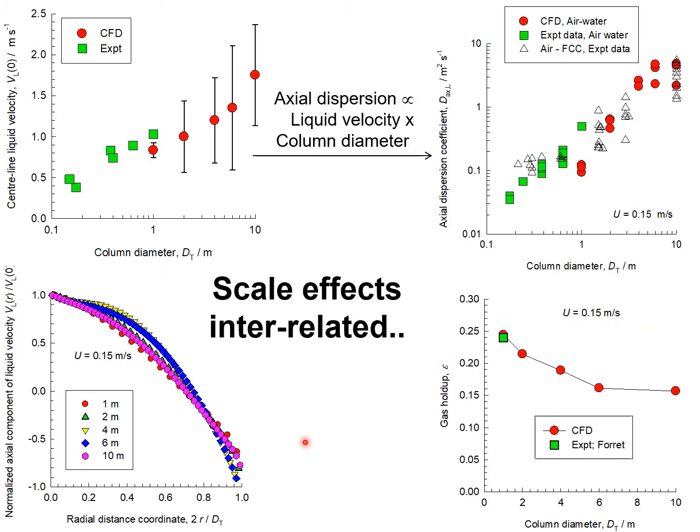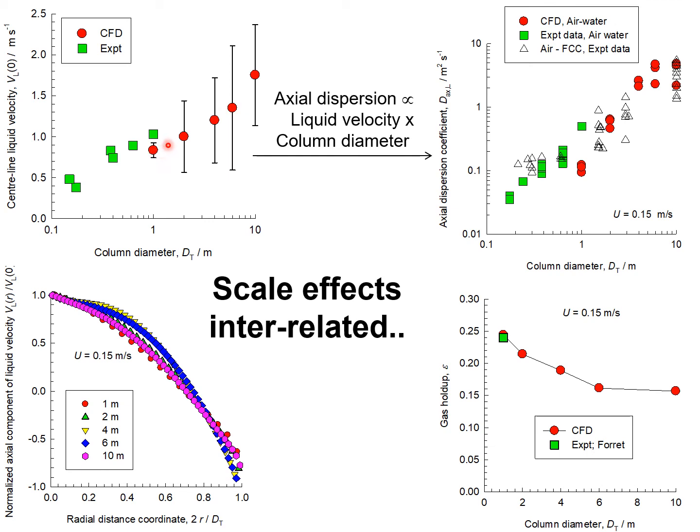The scale effects for air-water bubble columns are summarized in a set of figures shown here. Let's first consider the centerline liquid velocity, time averaged. We compare the experimental data shown by the green squares with CFD simulations using the 3D Eulerian simulations shown by the red circles.